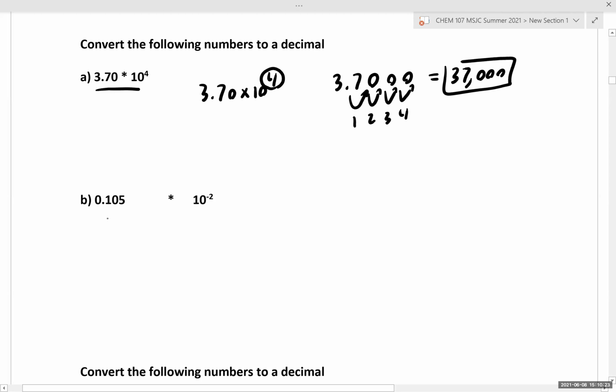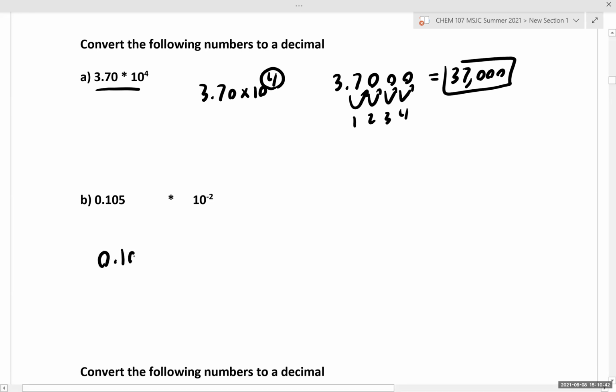Now in the second case, we have a number that's not written out in scientific notation, but nonetheless can be converted into a fully written decimal. You often see these kinds of operations when you're doing unit conversions and you have a decimal multiplied by some power of 10.